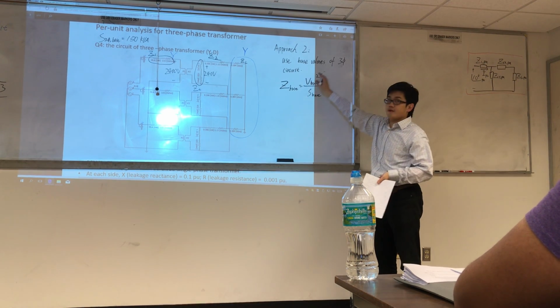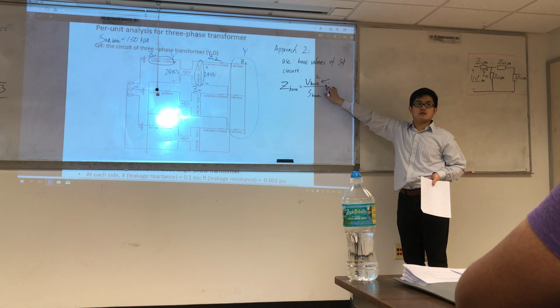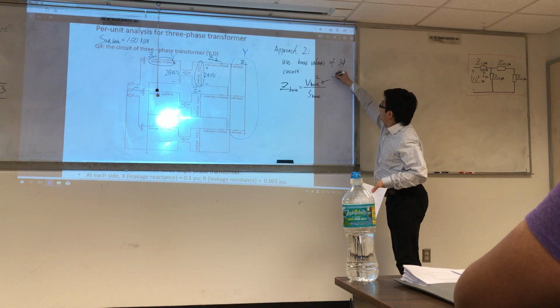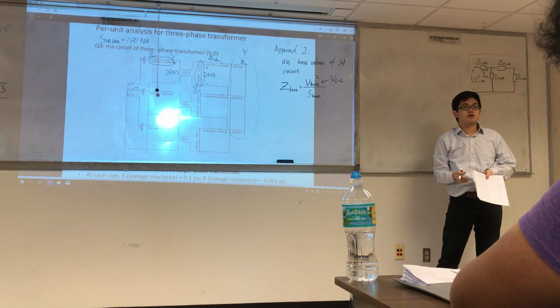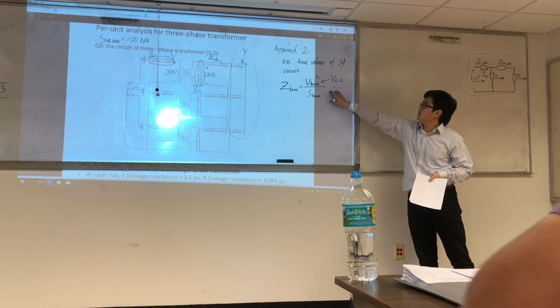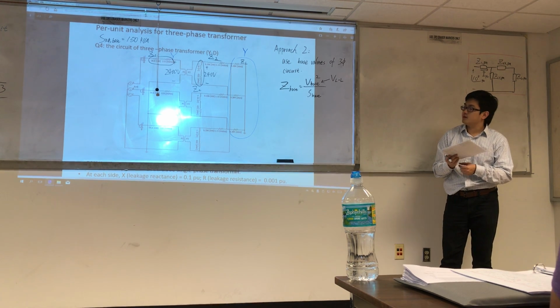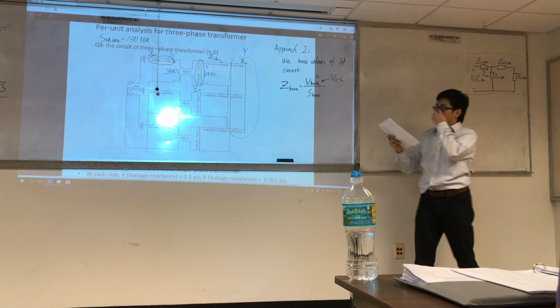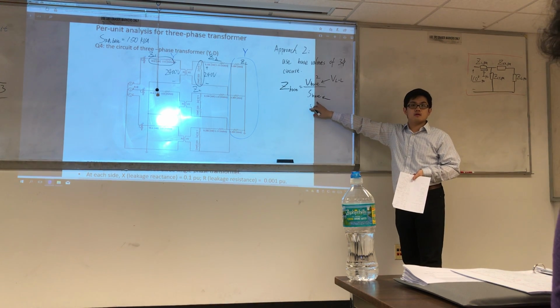So when I use a three-phase circuit, what's the value for this V base? Right now, this V base will be line-to-line voltage. You cannot use the phase voltage to do the three-phase circuit per unit calculation. And the same, so what's the power here?